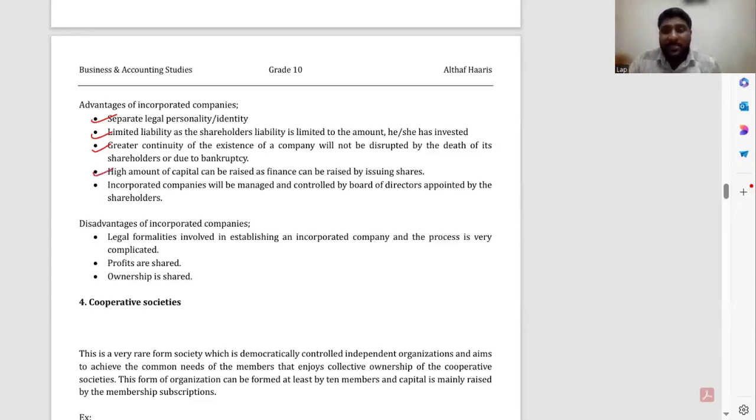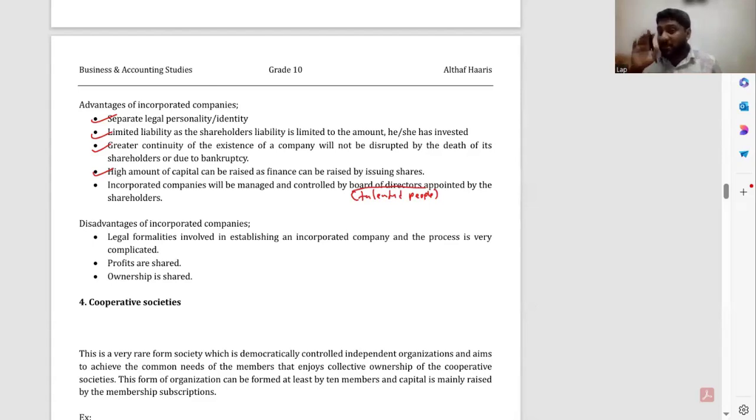Incorporated companies are managed and controlled by a board of directors appointed by the shareholders. To run these companies, we will appoint a separate set of talented people. If I run my own business, sometimes I will be talented, sometimes not, and my business will continue based on the talent that I have.